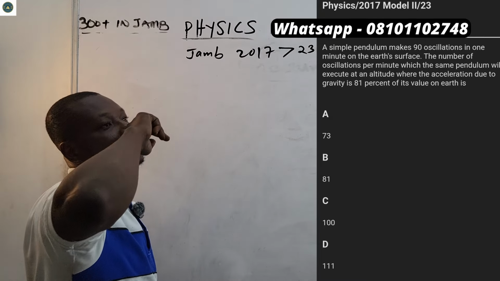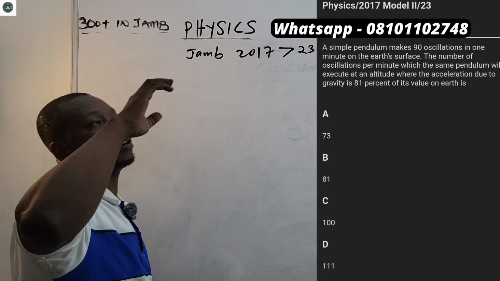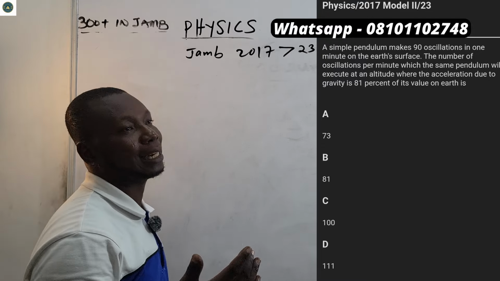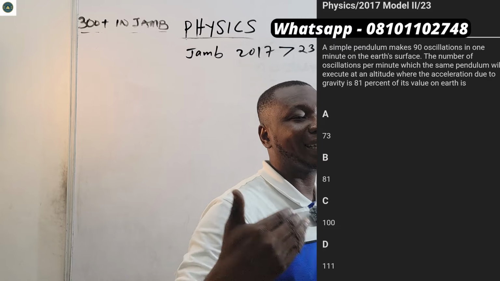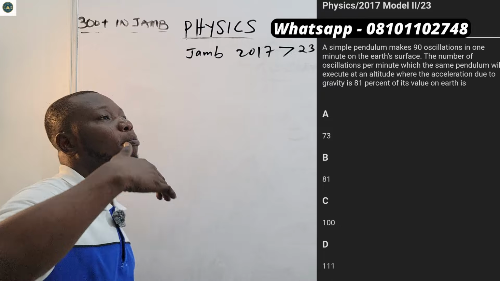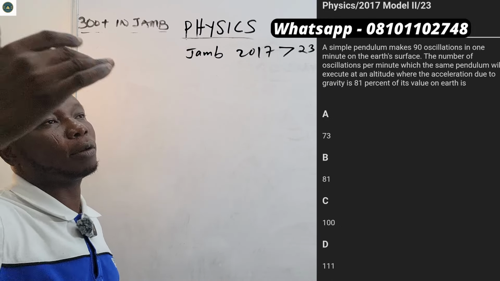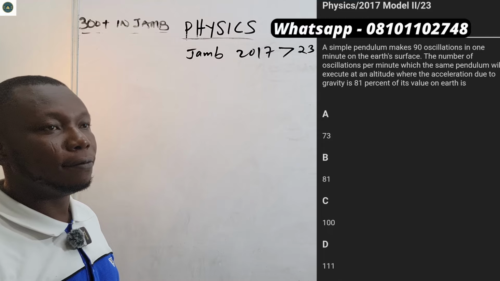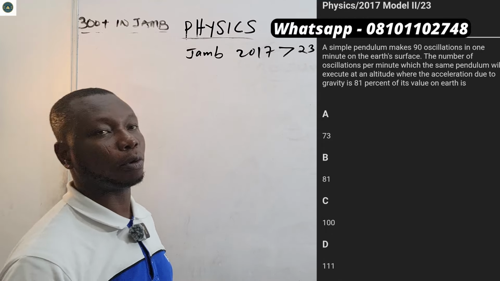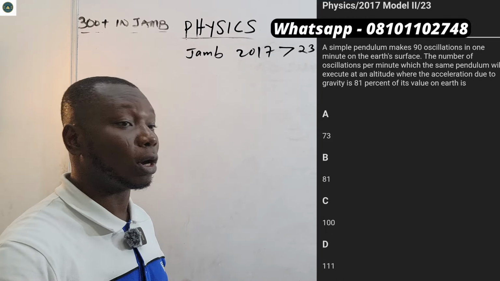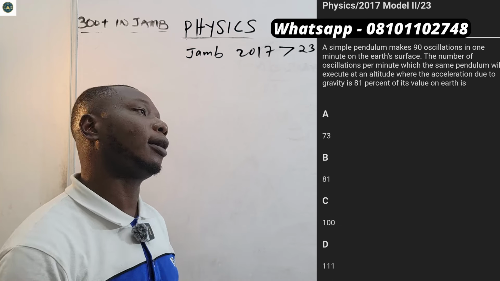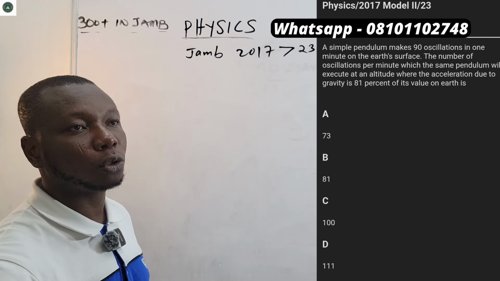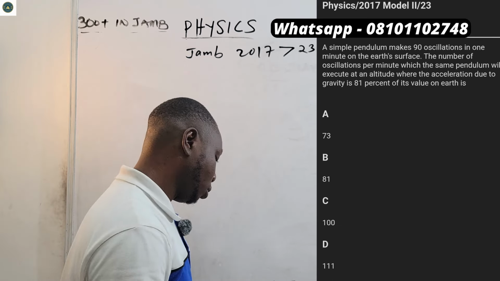In our previous video, I told you there's what we call weightlessness. That means when you are above the Earth, the body becomes weightless because the value of gravity becomes very negligible, very small. But when you are close to the Earth, you have more gravity, close to 10 meters per second squared.